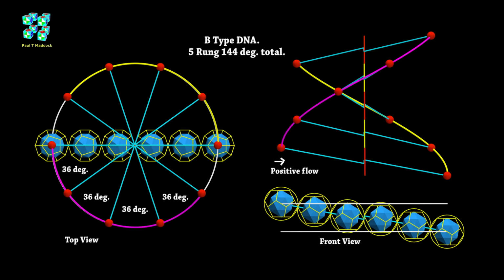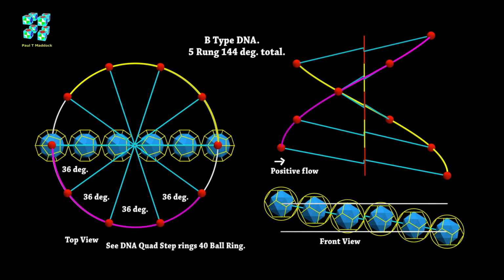Now B-type DNA is a lot simpler. The vertical axis is based around the vectors of the icosa. So you have a 5-fold going around the vertical axis. Now I showed this in my earlier videos coming out of quad step 40 ball rings, which are 9 degrees apart.